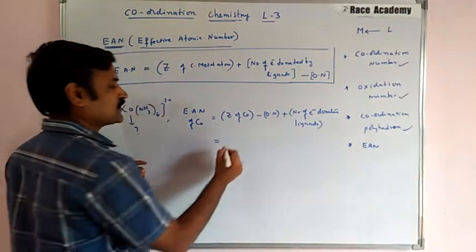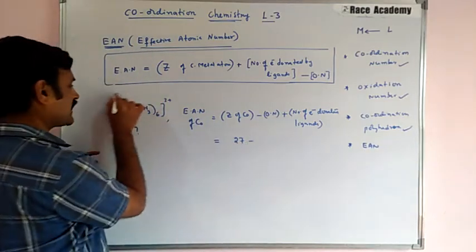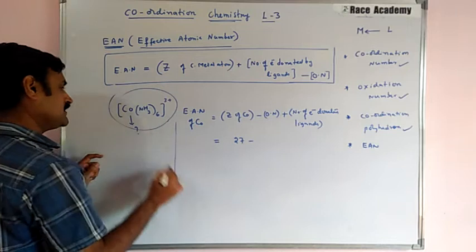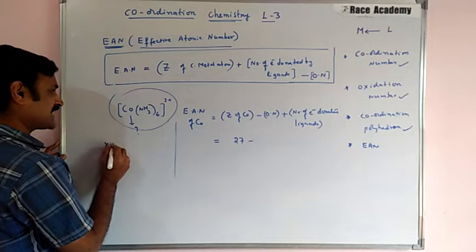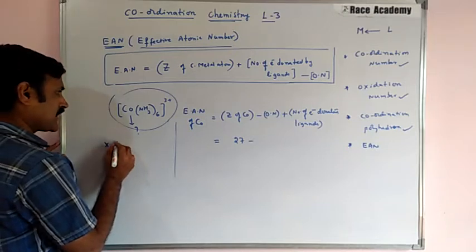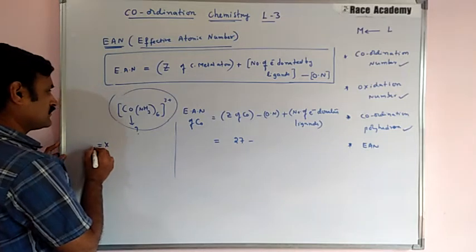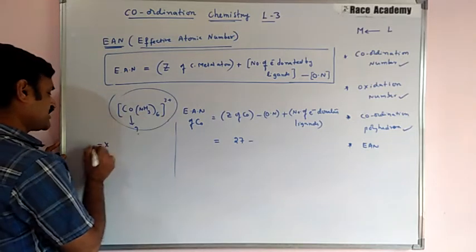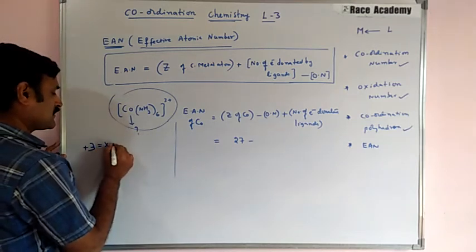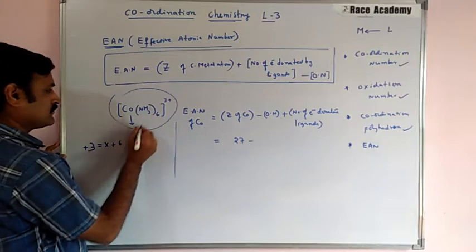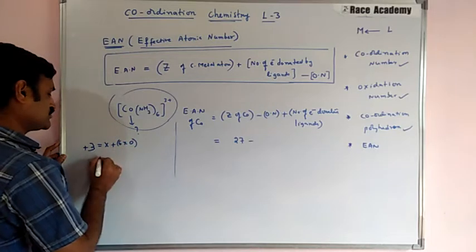Z of cobalt is 27, minus the oxidation number of this cobalt in this complex, which we have already calculated. So once again, for your information, the cobalt oxidation number we don't know, that is X. The charge is 3 positive, so 3 is equal to X plus the number of ligands times their charge. So 6 into 0 is 0.